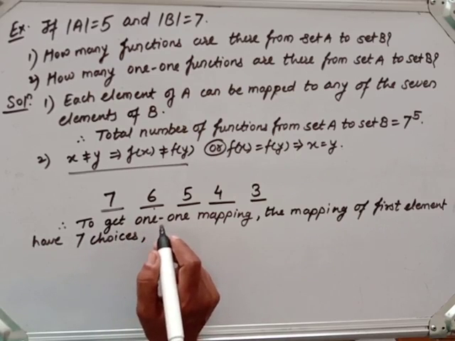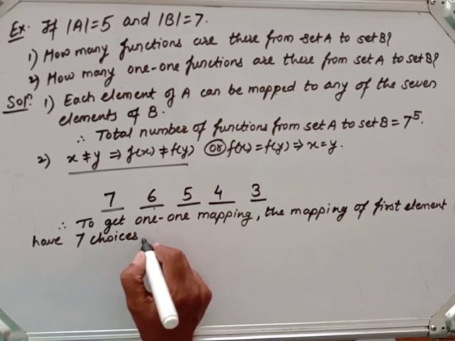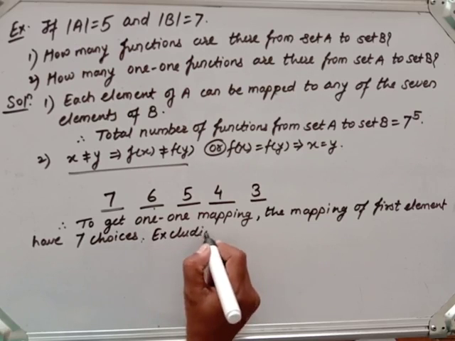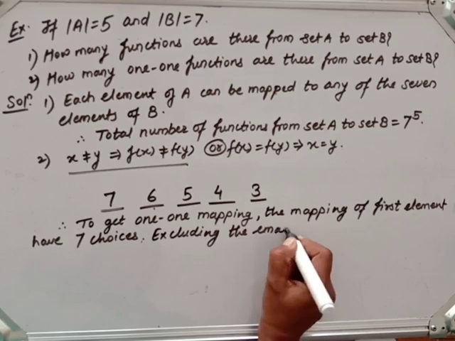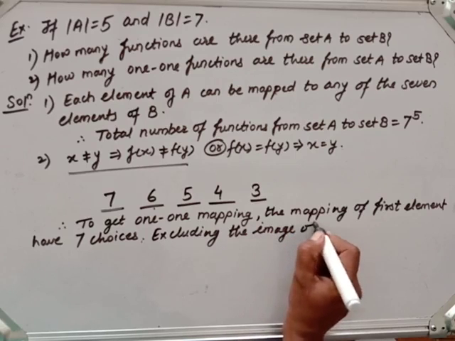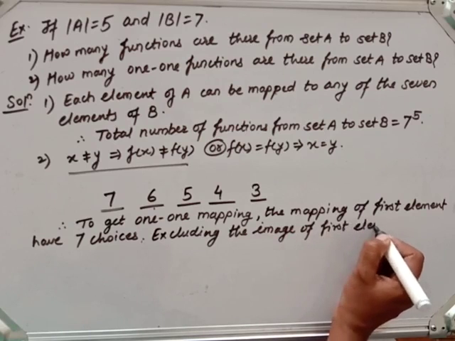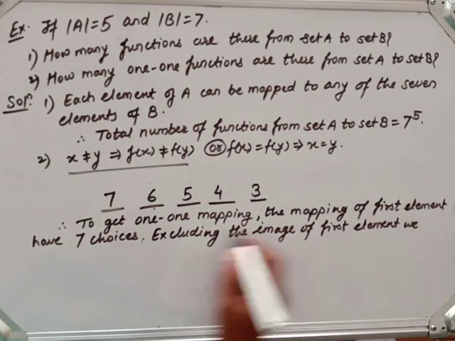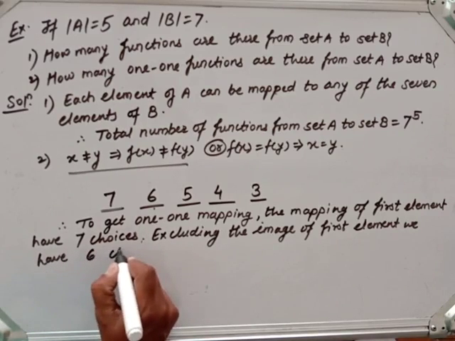Excluding the image of this element, now, excluding the image of the first element, we have 6 choices.